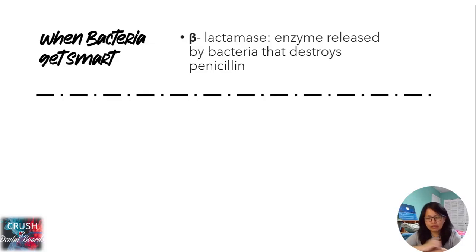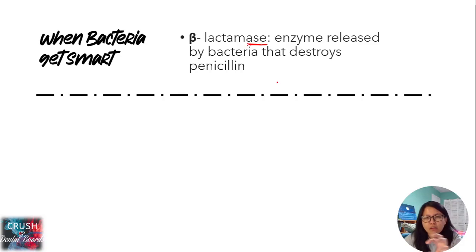Now, there are instances that bacteria, they get smart. Why would I say that? There are some bacteria that would form beta-lactamase. Again, anything that ends with ase, it's an enzyme. Okay, so what are beta-lactamases? Beta-lactamases are actually enzymes released by bacteria that would destroy the penicillin. So this is when they get smart.